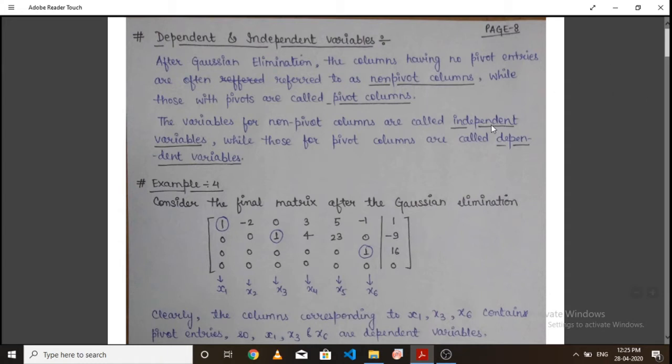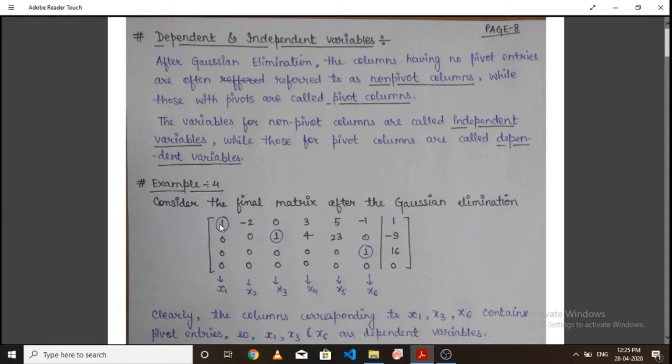So this is the definition for pivot and non-pivot columns. Now come to the next definition, which is about independent and dependent variables. The definition says that the variables corresponding to non-pivot columns are your independent variables. Since 2nd, 4th and 5th are the non-pivot columns, therefore the variables x2, x4 and x5 are your independent variables.